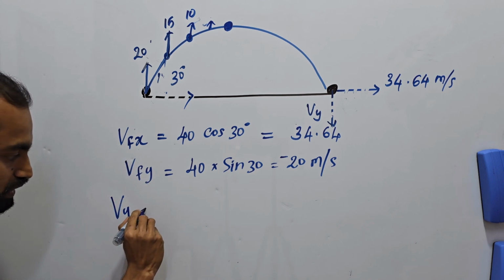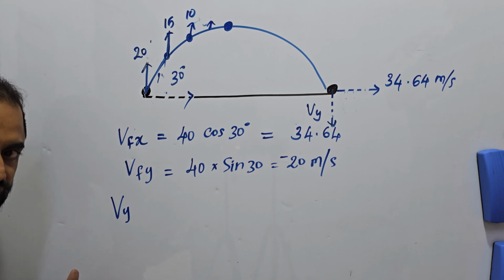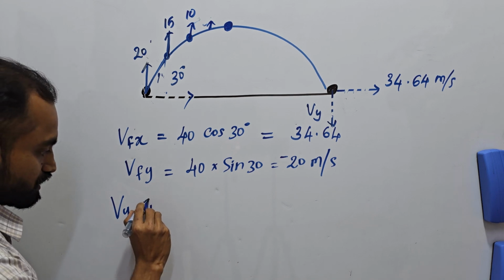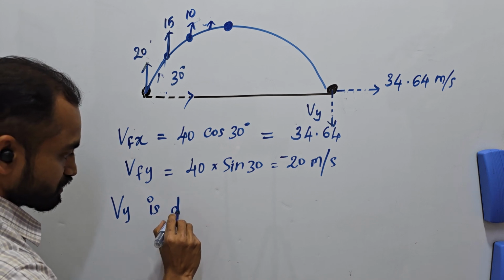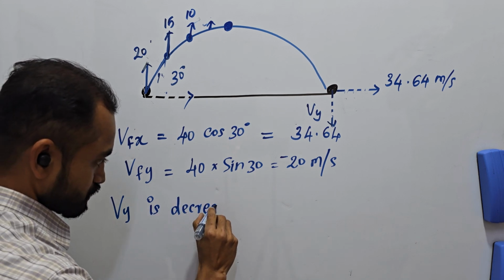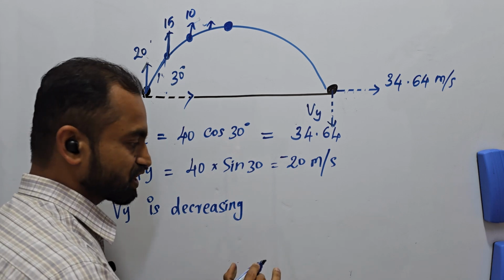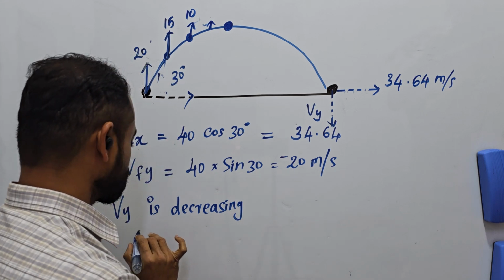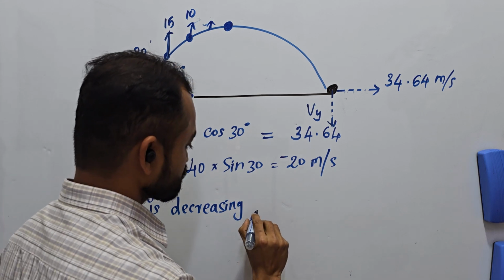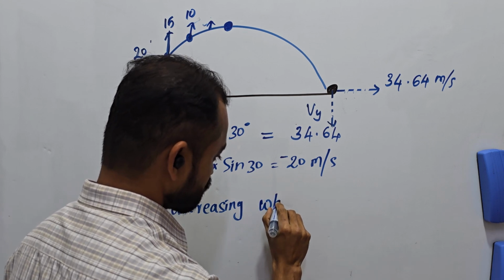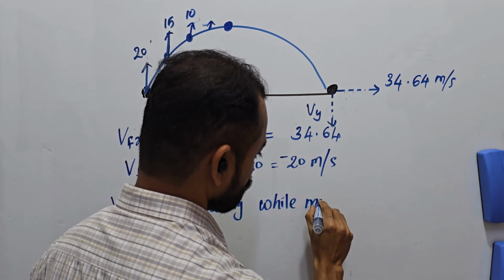What is the meaning of Vy? Velocity in the vertical direction is decreasing. This I have given in the first table of projectile motion. Vy is decreasing while moving up.